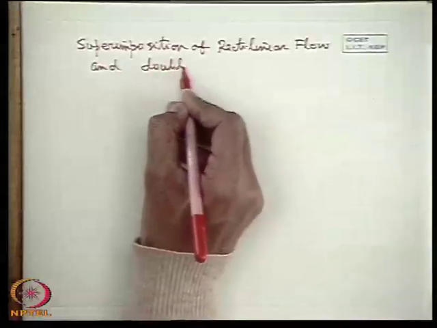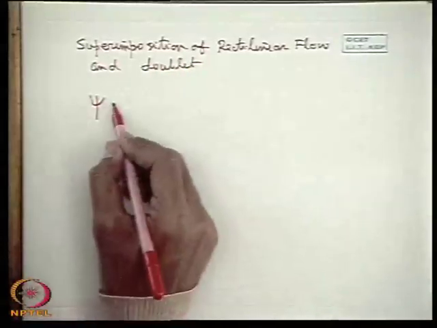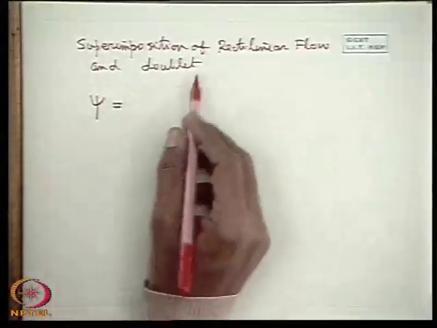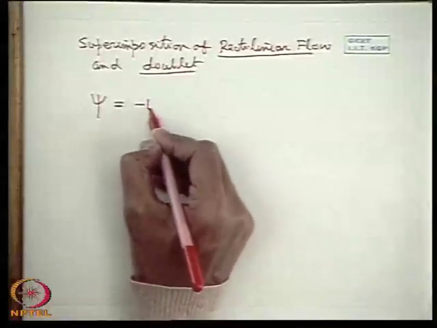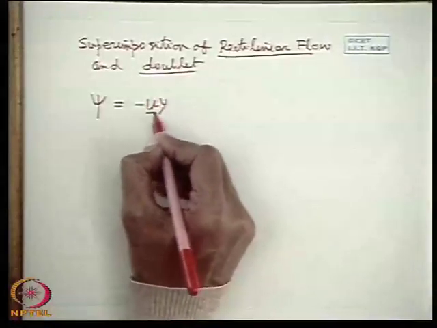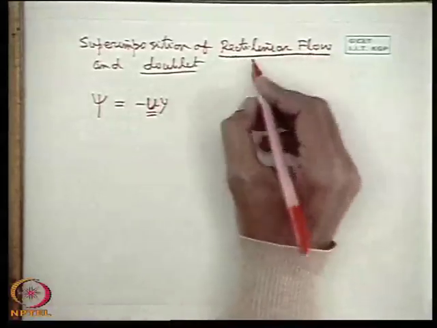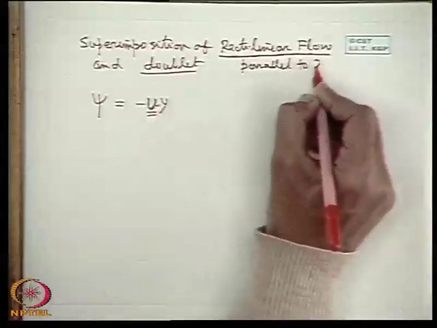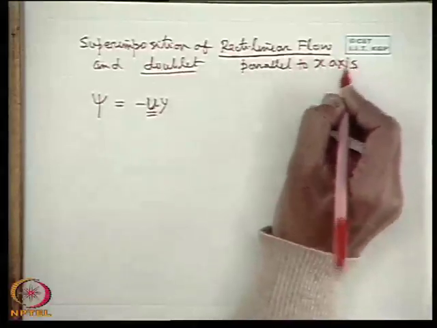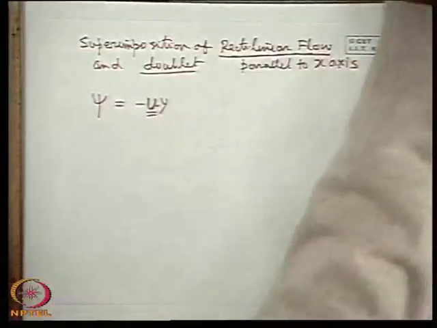Now, the superimposition of these two flows gives the stream function for the resultant flow, which is the sum of the stream functions for rectilinear flow and that of doublet. Rectilinear flow, if you recall, the stream function is given by uy, where u is the velocity of the rectilinear flow, but here rectilinear flow parallel to x-axis.